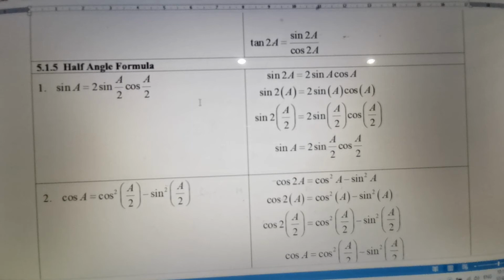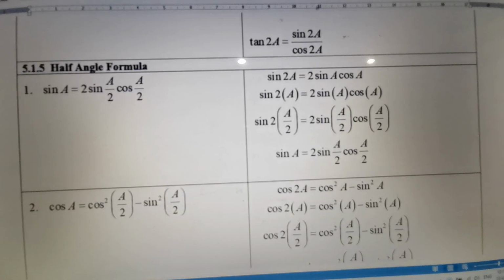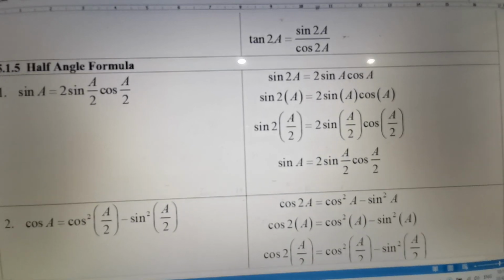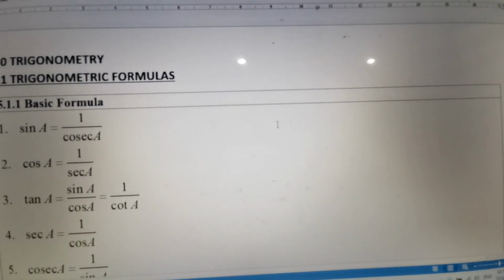Okay, the problem is here, sin A. Sin A, if you see on top, is actually 1 over cosecant A. You ever think about sin A?